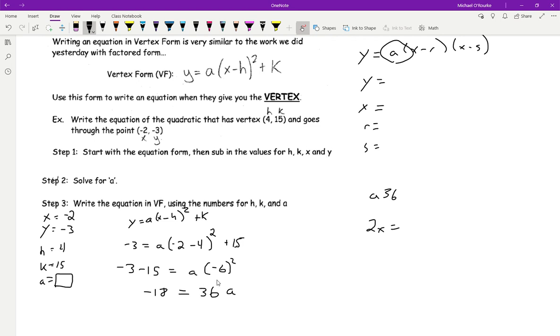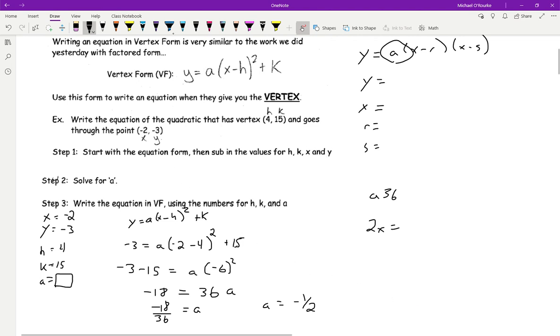Now, I need that A all by itself, so how do I move this 36 over? What is it at right now? It's a multiply, because there's nothing between the 36 and the A, right? Very good. It becomes a divide. What did I just do there? Divided by 36 equals A. So in this case, A equals negative a half.